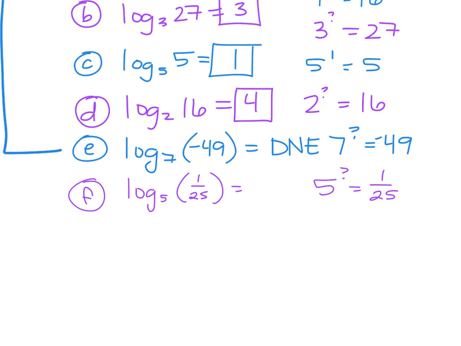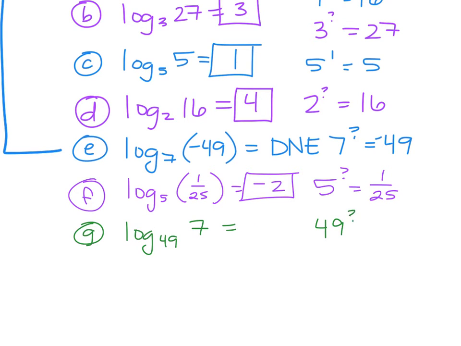So your answer here is going to be a negative 2. 5 to the negative second is 1 over 25. How about this one? Log base 49 of 7 equals what? So you're taking 49 to some power equals 7.